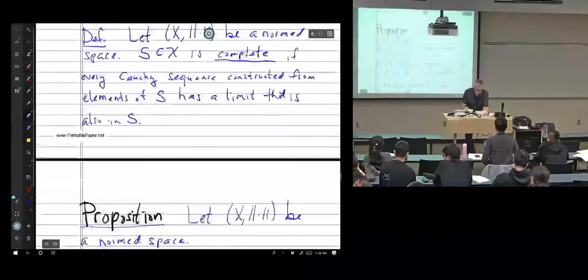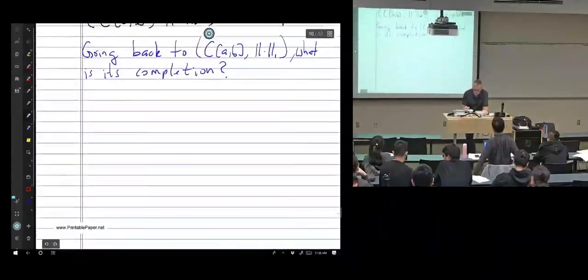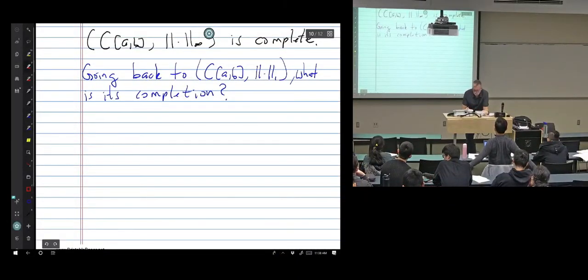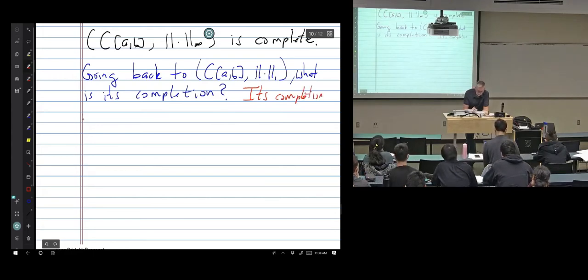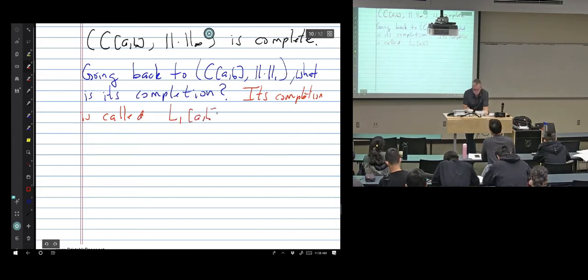Its completion is called L1 of AB and requires Lebesgue integration.